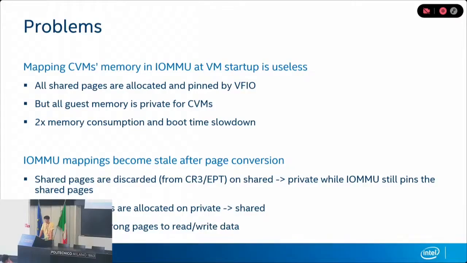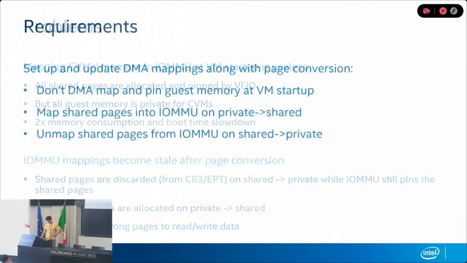So the confidential VM will write to the new page while the device will read or write data from the old shared page. So the device accesses the wrong page to read and write data, and the guest and the device cannot share data with each other. So you cause some functional problems.